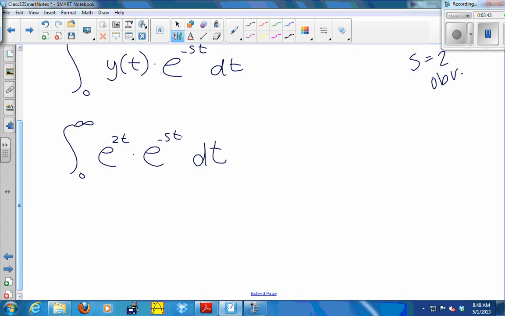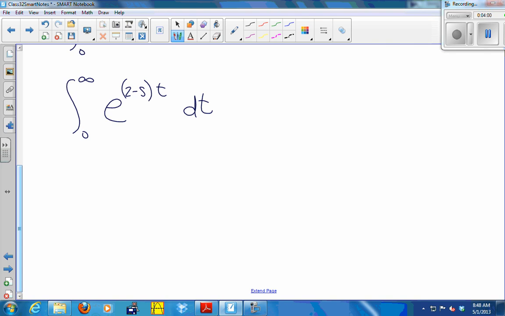To simplify the integrand, those are like bases. I can combine them by adding the exponents so that I just have one term, and that's easier. So this is going to be e to the 2 minus s t dt. All right, so what is the antiderivative of e to the 2 minus s t?